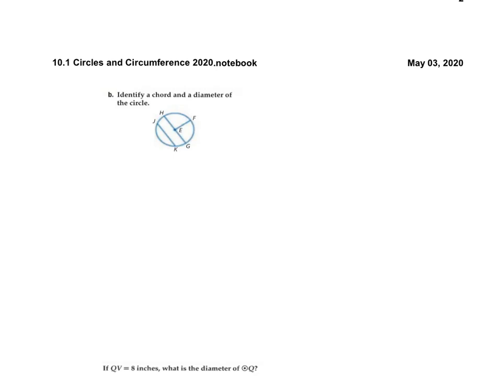So in question B, identify a chord and a diameter of a circle. Just so you know, in here, for chord, I will give you both solutions, but it only says identify one of them. So chord, okay, JK.